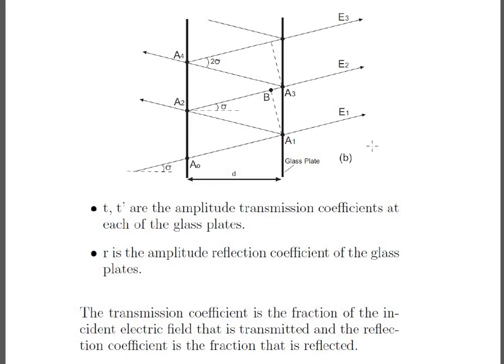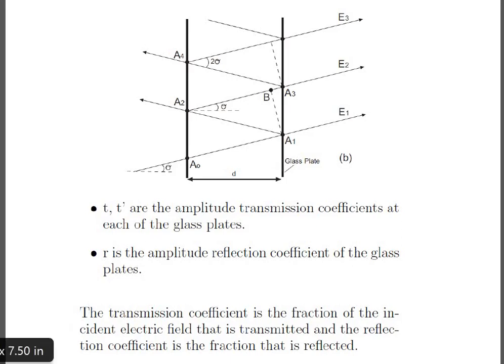Now, to start the mathematical analysis, let us assume that T and T prime are the amplitude transmission coefficients at each of the glass plates. So what is happening here? Remember, I showed you in the last class.